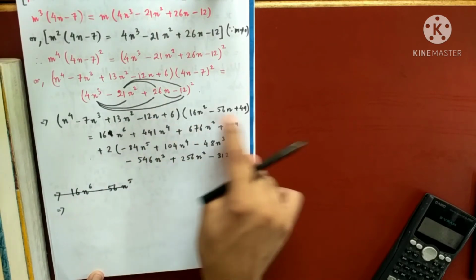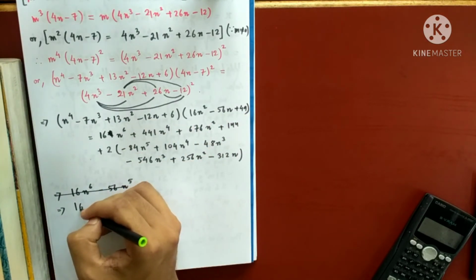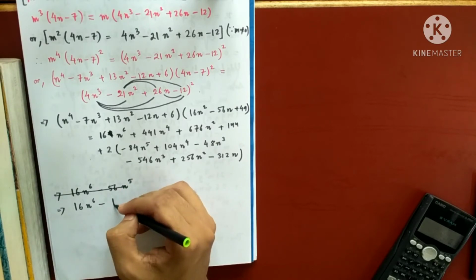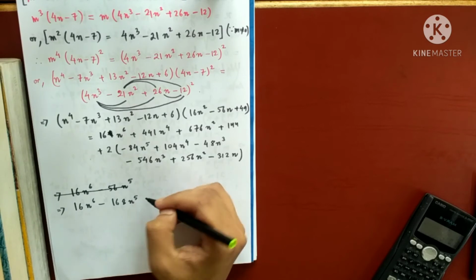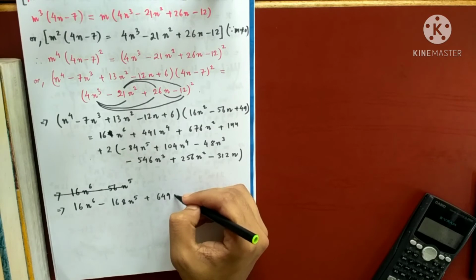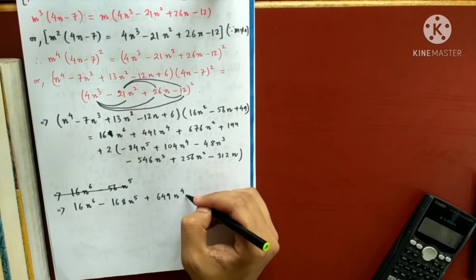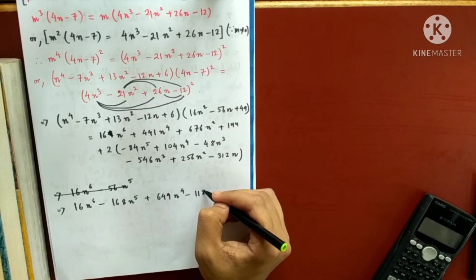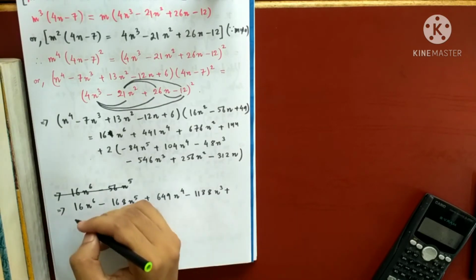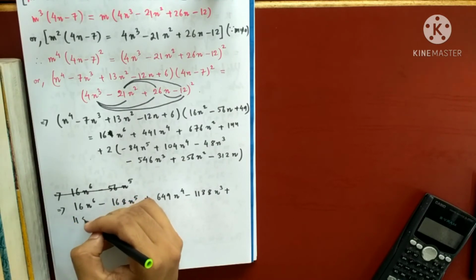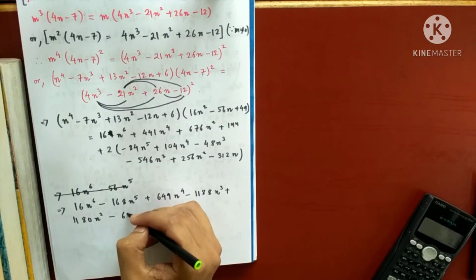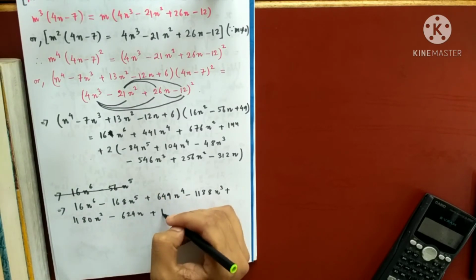that means you multiply this with this, you will get something like this: 16n to the power 6 minus 168n to the power 5 plus 649n to the power 4 minus 11, let me write it down, n cube plus 1180n square minus 624n plus 144.